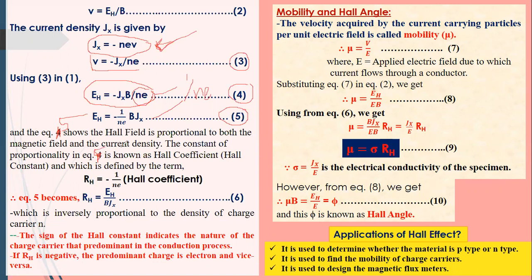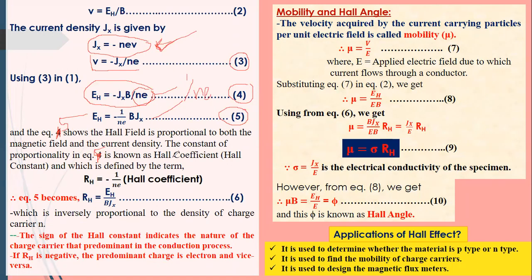Equation number 5 shows the Hall field is proportional to both the magnetic field and the current density, and the constant of proportionality in equation 5 is known as the Hall coefficient, also called the Hall constant.